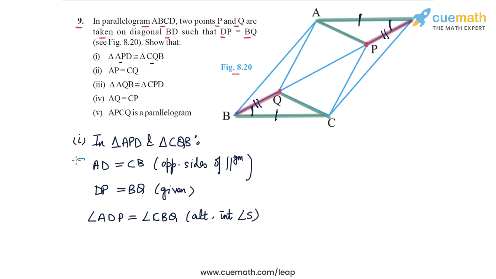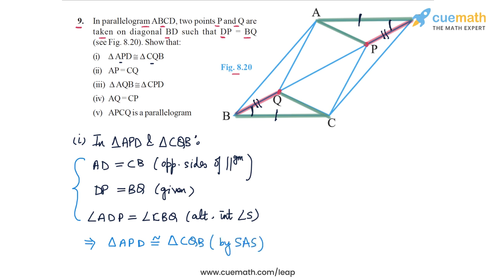So from this set of equalities, we can conclude that the two triangles are congruent, and because the equal parts are two side pairs and an included angle pair, we can apply the SAS congruence criterion. So we have triangle APD is congruent to triangle CQB by the SAS congruence criterion.